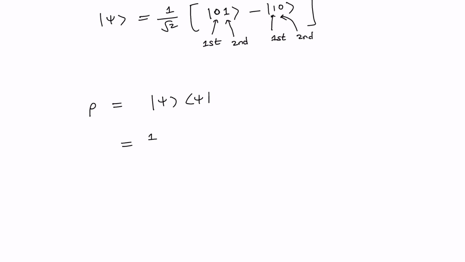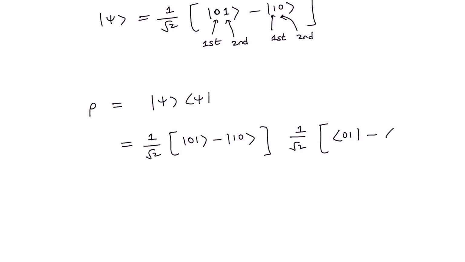Ket psi is equal to 1 by root 2, you have ket 01 minus ket 10, and then bra psi is 1 by root 2, you have bra 01 minus bra 10. Let me now open it up.